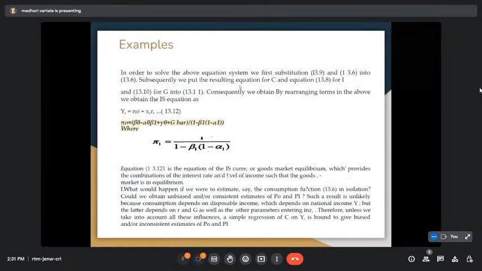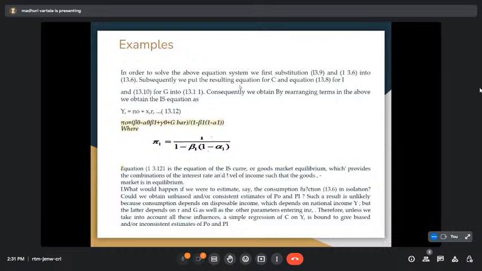Let us take an example. In order to solve the above equation system, we first use substitution and other simple methods, that is utilization of simultaneous equations, reduced form equations.